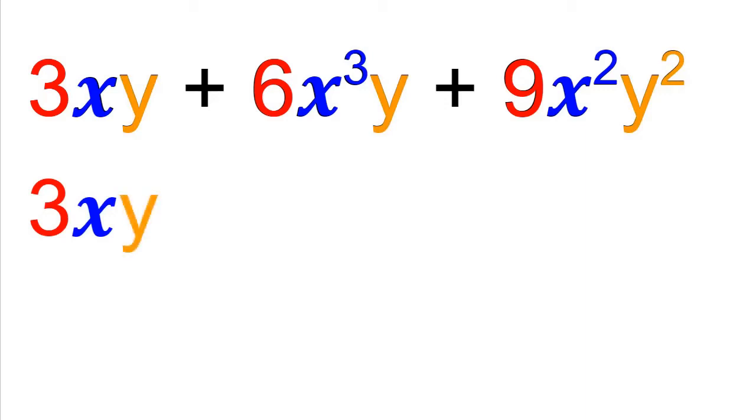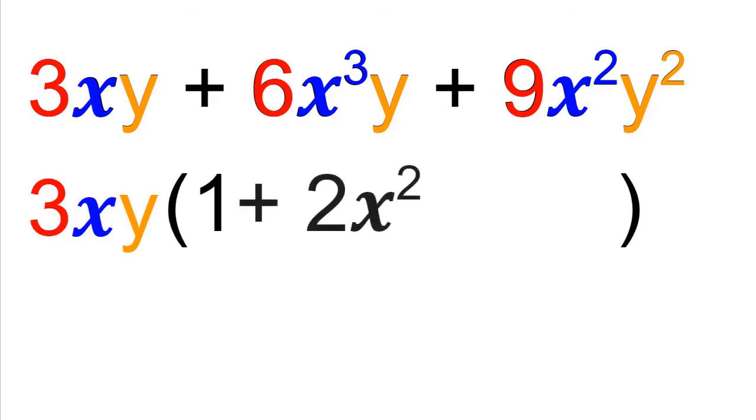Now that we've taken out 3xy, we need to fill in what's left. So we do 3xy divided by 3xy, and that gives us 1. Then we go on to our second term, 6x cubed y divided by 3xy. So we start off with the coefficient. 6 divided by 3 is 2. And then x cubed divided by x is x squared, and y divided by y simply cancels out.